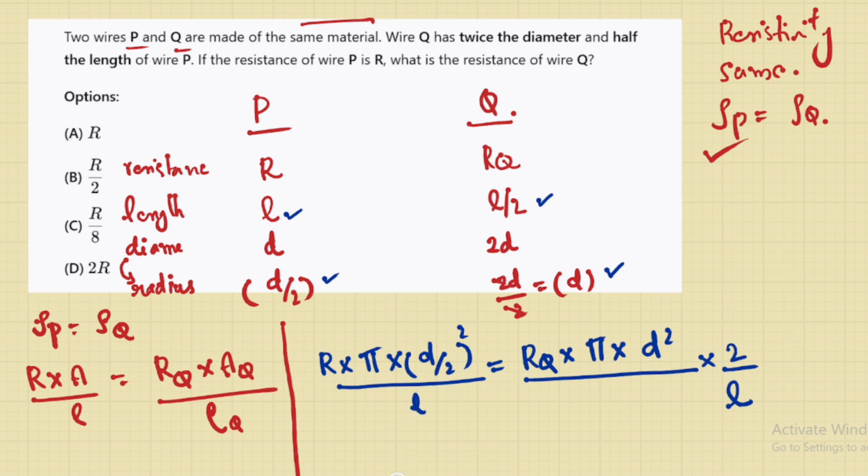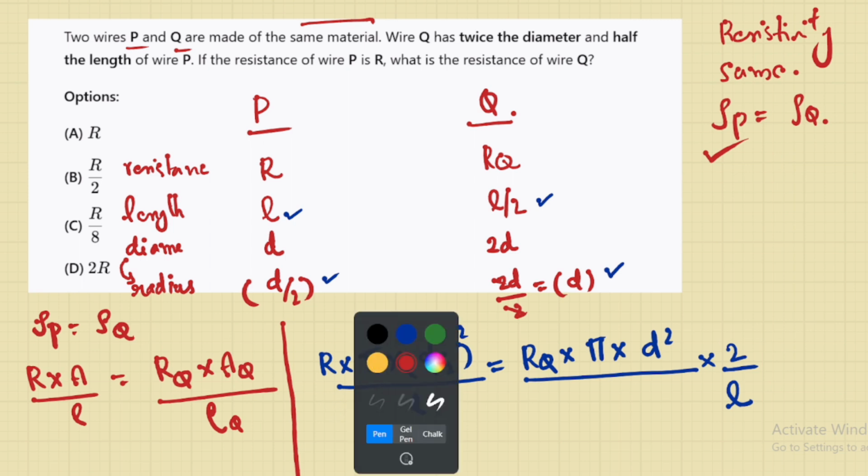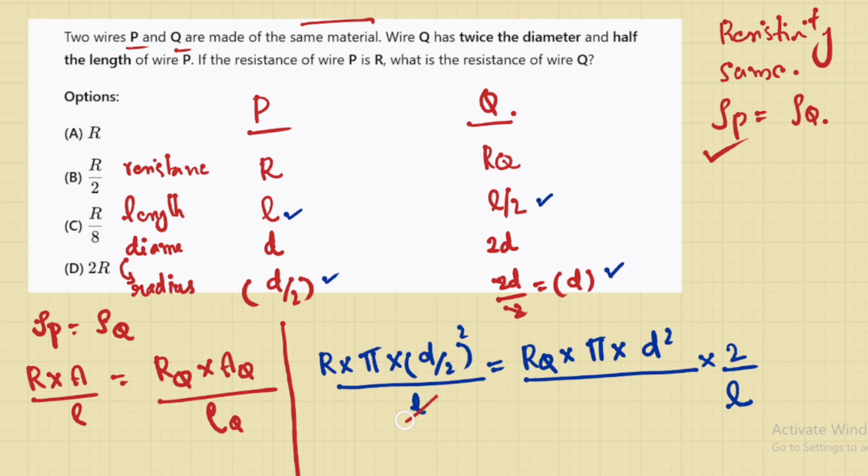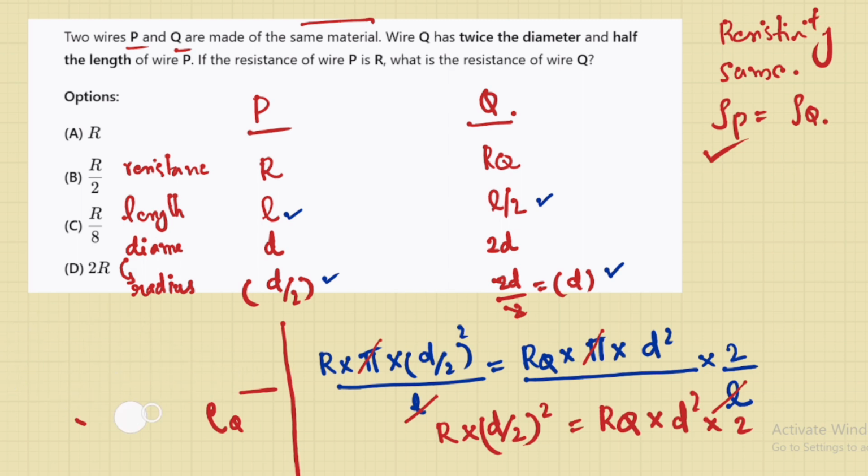So in both the cases we have L, right? We can cut the L's over here. And we have pi, so let's cut pi here. Then we will be getting the equation R into D by 2 the whole square equal to RQ into D square into 2.